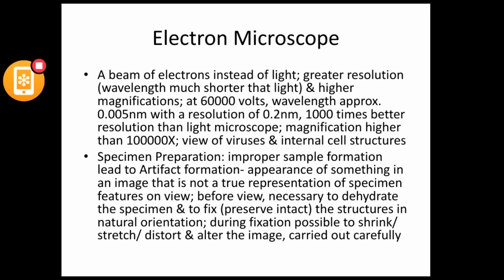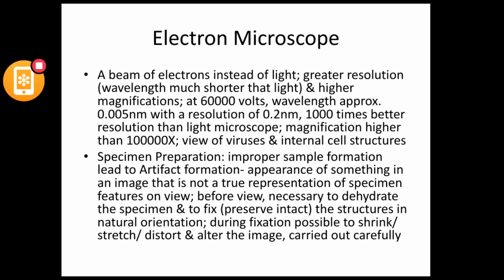Clear? So with the electron microscope, we get greater resolution, since the wavelength is much shorter than light, and higher magnification, at 60,000 volts. 60,000 volts is the voltage applied in electron microscopy. With this voltage, a wavelength of approximately 0.005 nanometer with a resolution of 0.2 nanometer is obtained.